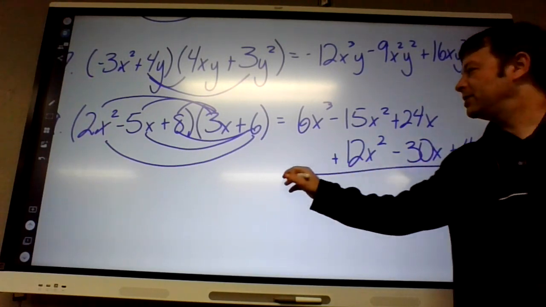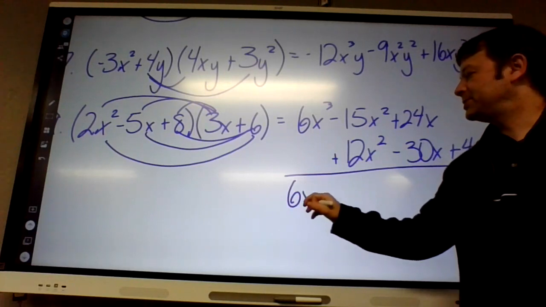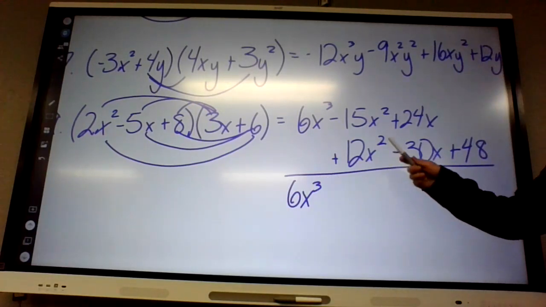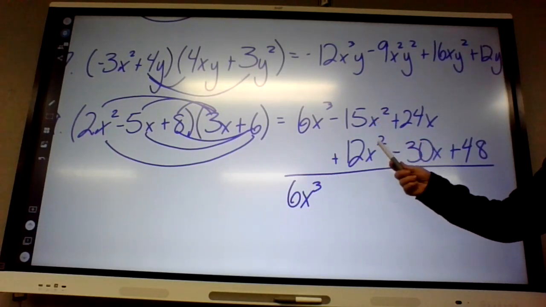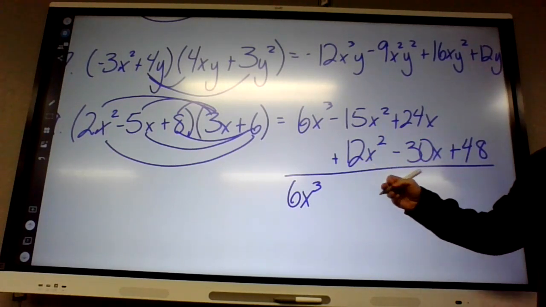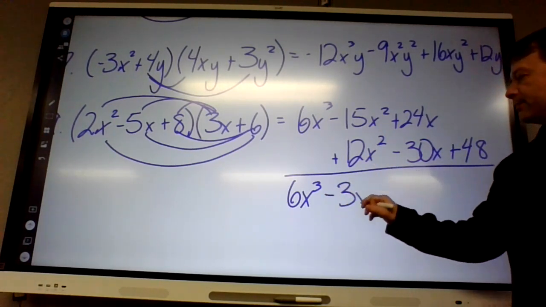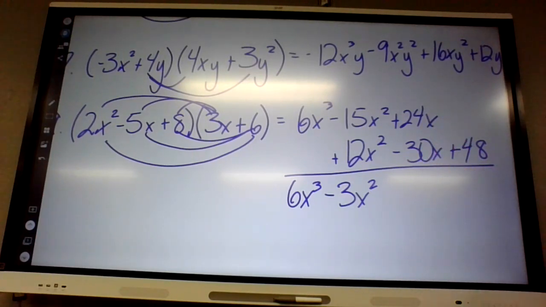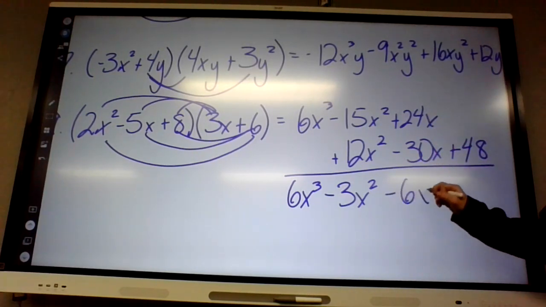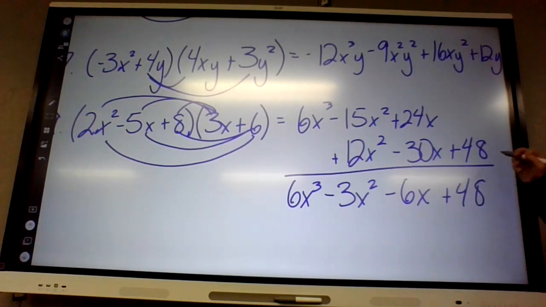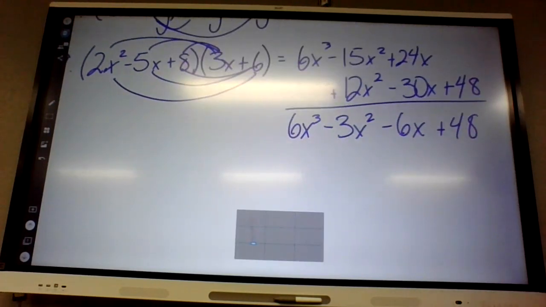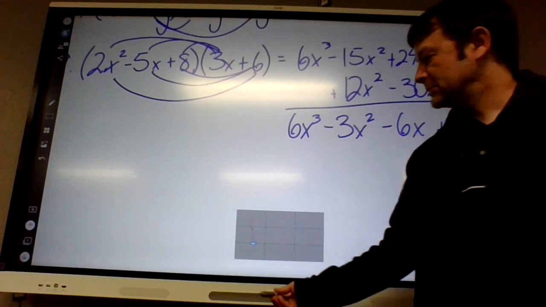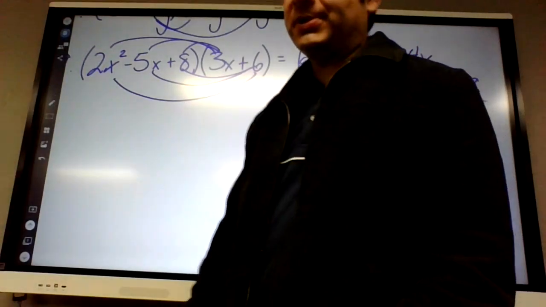And then 6x cubed is the only one, and then negative 15x squared plus 12x squared. Yep. And then 24 and minus 30x minus 6x. Yeah, good job. So there are a few big ones in there, aren't there?